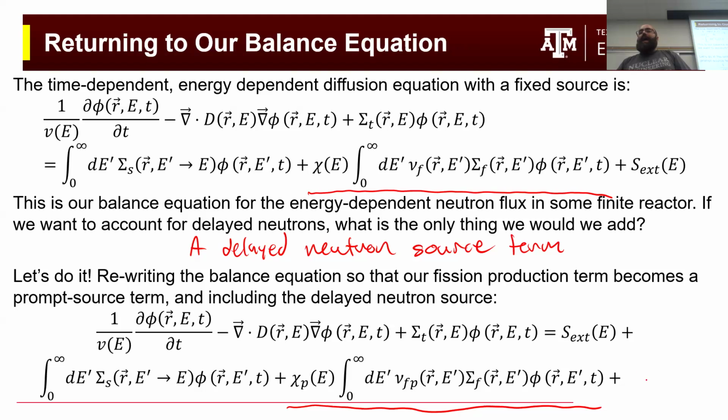And we're adding on a delayed neutron source term that might depend on energy and might depend on time. Before, this ν was the total number of neutrons per fission, combining the prompt and the delayed neutrons, and now we're just splitting them up. That's the only change I've made going from here to here. And so we've got this delayed neutron source term, and our question is, what does that delayed neutron source term look like?